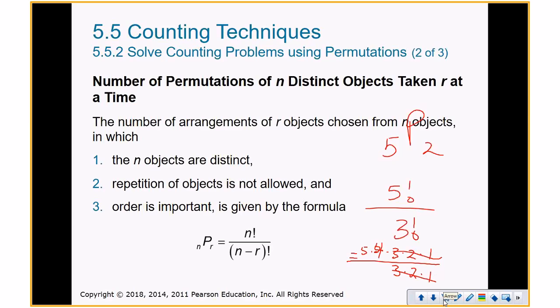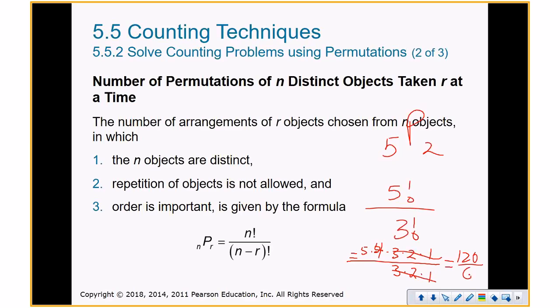But it's not easy to do that in your calculator, so what I would suggest you do is use the formula. Or you could do 5 times 4 times 3, which we said is what? 120, right? So that's 120 over what?